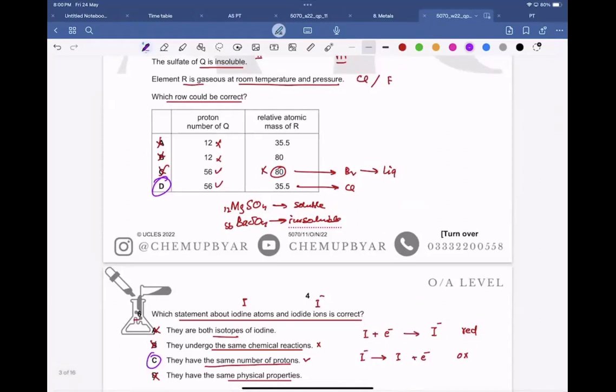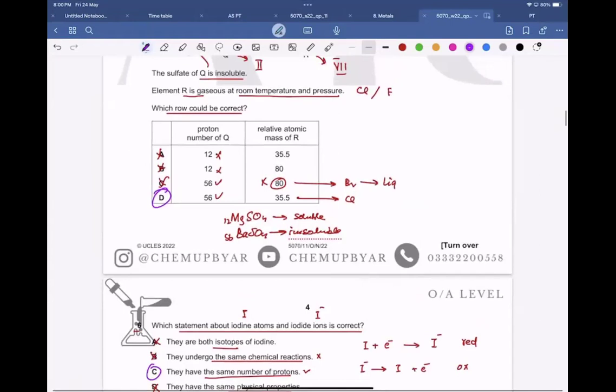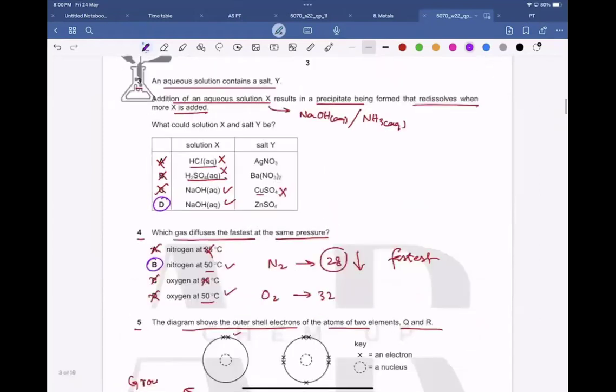Now question number 7. The element chlorine has two isotopes, chlorine 35 and chlorine 37. In the periodic table, the chlorine is shown as, okay, which row shows the correct percentage of each isotope in the sample naturally occurring in chlorine. So we know that chlorine 35 is 75%, right? So it means these three go wrong.